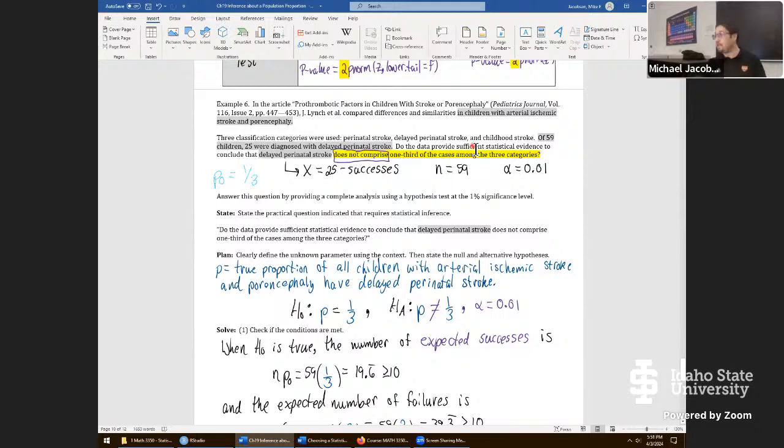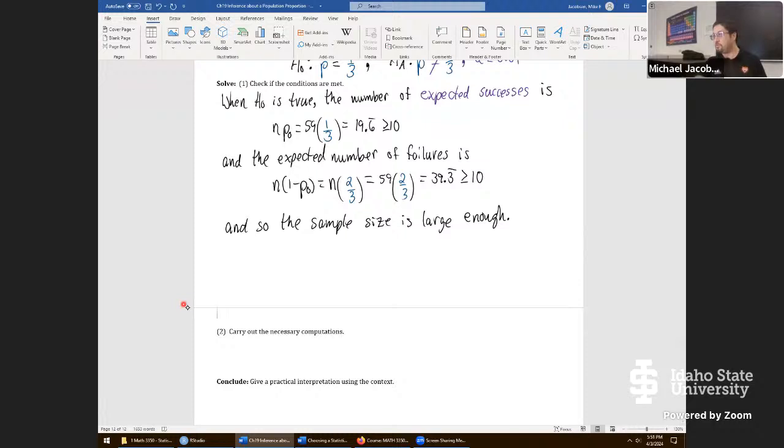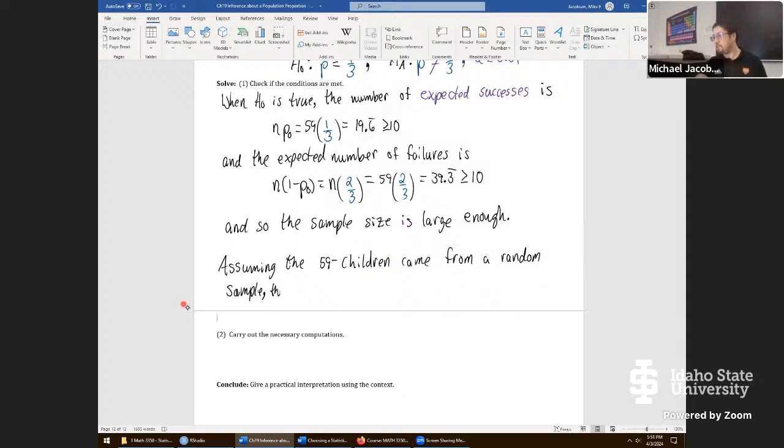We can still analyze these data, but we ought to put down a disclaimer in our conclusion, or just here at least, that we don't know if the conditions are fully met. It depends on randomization. Usually I put a statement that goes about like this: assuming the 59 children came from a random sample, the conditions are met.